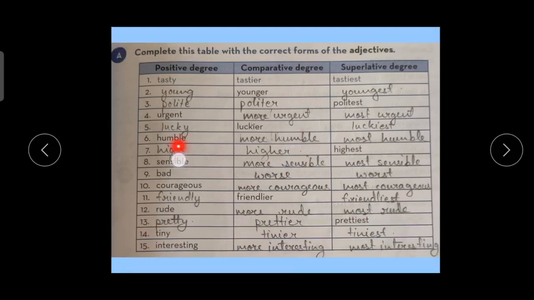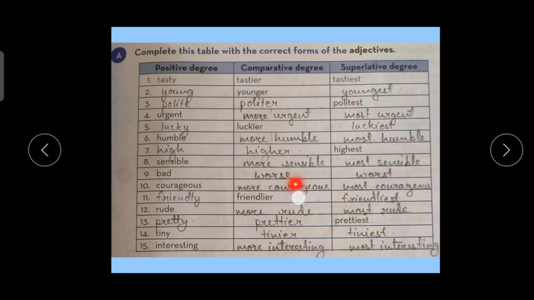Humble is such a word in which we add more and most to form the comparative and superlative degree. High, higher, highest. Sensible, more sensible, most sensible.